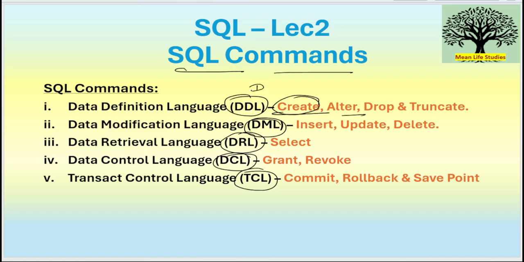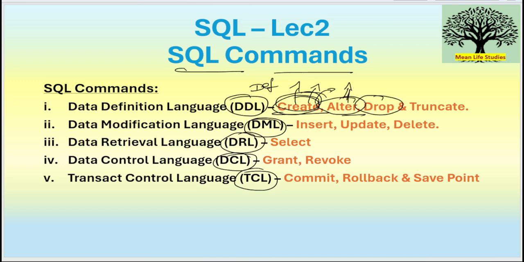Data definition language is at the level of defining. We are going to define anything, I mean creating a table or creating a database, whatever. It is also altering, I mean we are going to change names, change data types, and change whatever we want. That's where we'll be using the alter command.